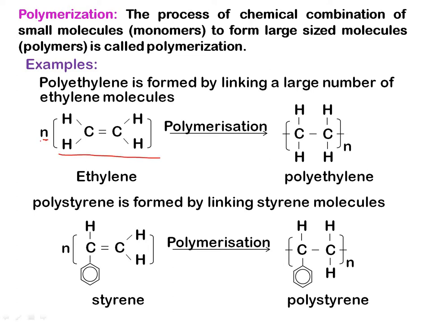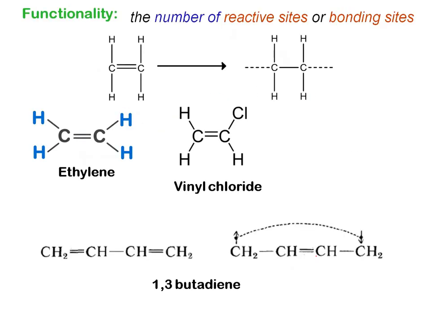N number of monomers are taken here, and in the polymerization reaction, they are linked together to form a large molecule. So here these ethylene molecules are taken n times. It indicates that n ethylene molecules are repeated in this polymer chain. Similarly, polystyrene, we can see here this is styrene or vinyl benzene, on polymerization it forms a polystyrene long polymer chain.